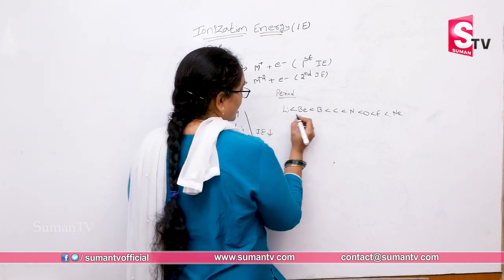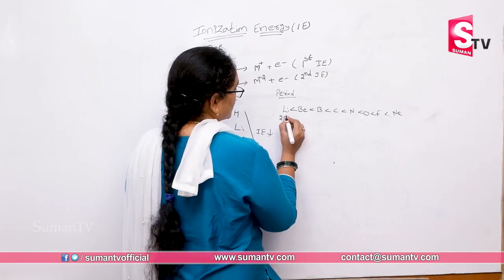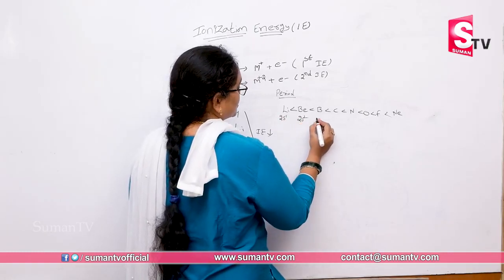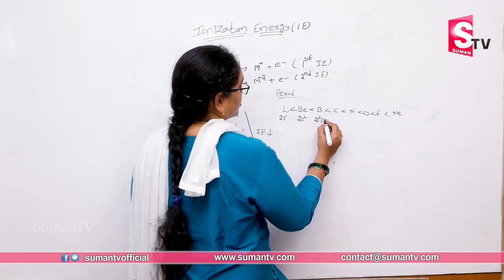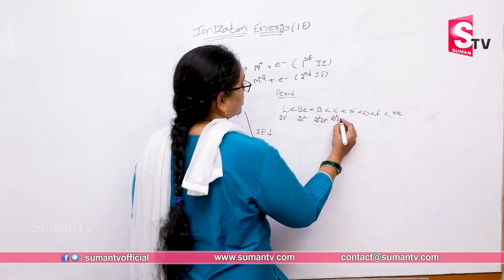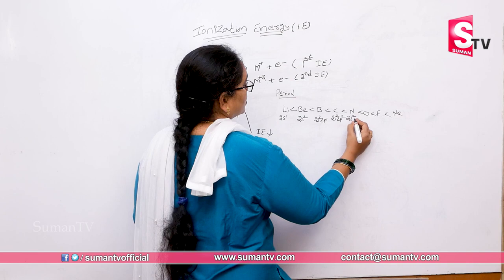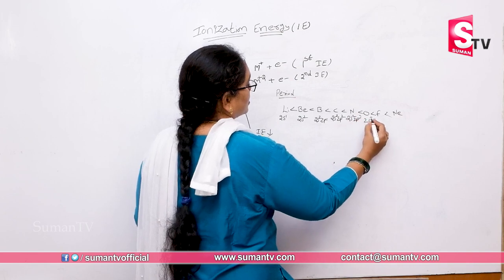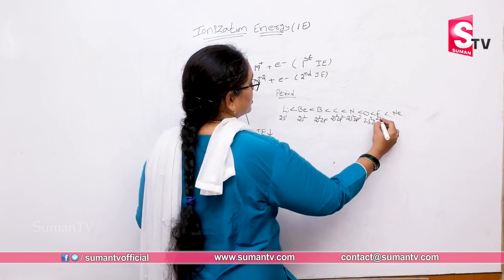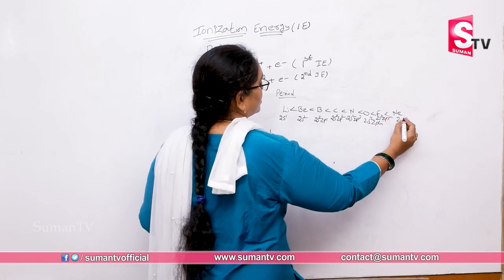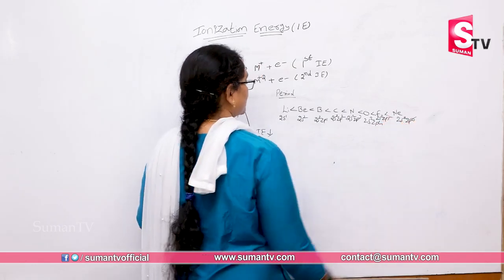Their electronic configurations are 2s1, 2s2, 2s2 2p1, 2s2 2p2, 2s2 2p3, 2s2 2p4, 2s2 2p5, 2s2 2p6.